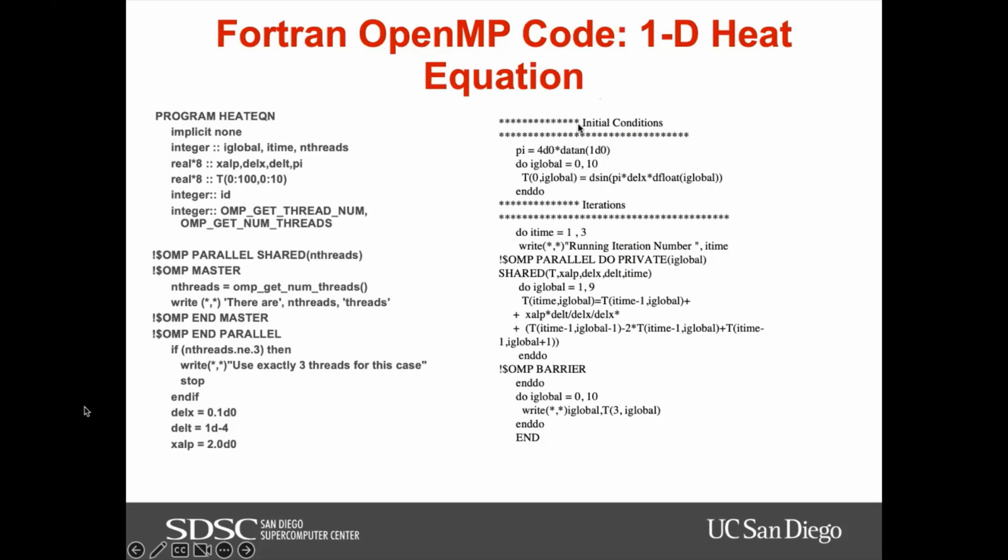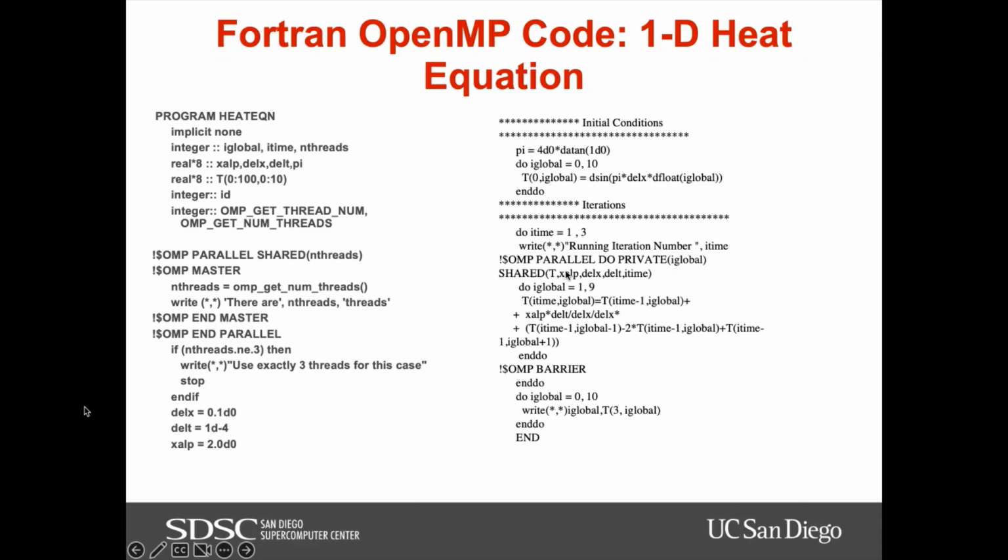So in the code, we just initialize the temperature. It's a sine curve that we are initializing it with. And then we are iterating for 3 steps. So you do a loop, basically parallelize the loop. The private part is the global variable there.